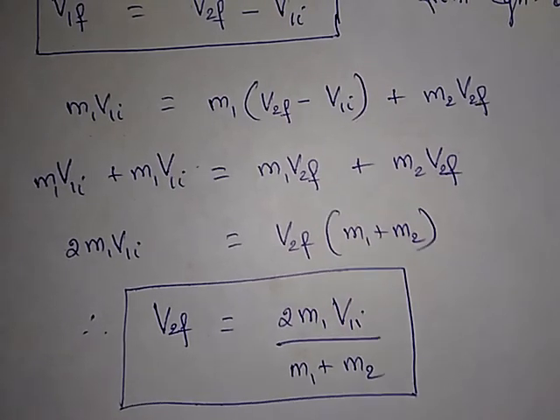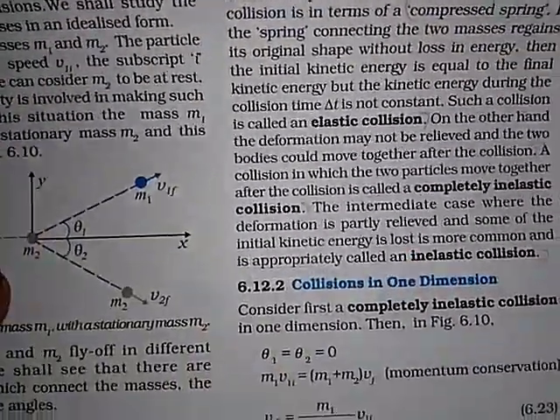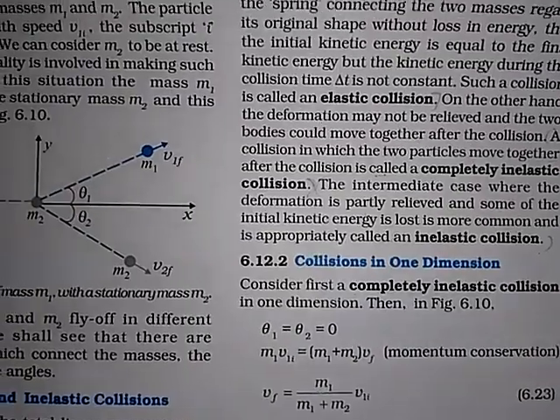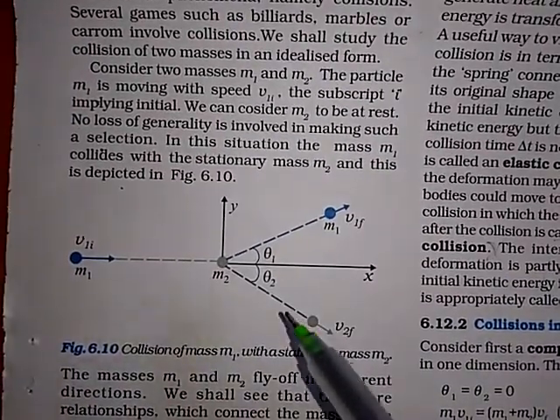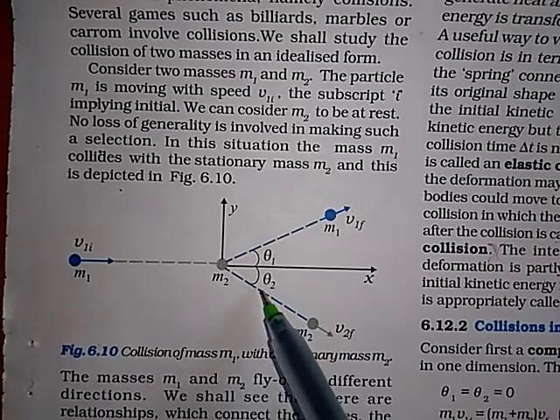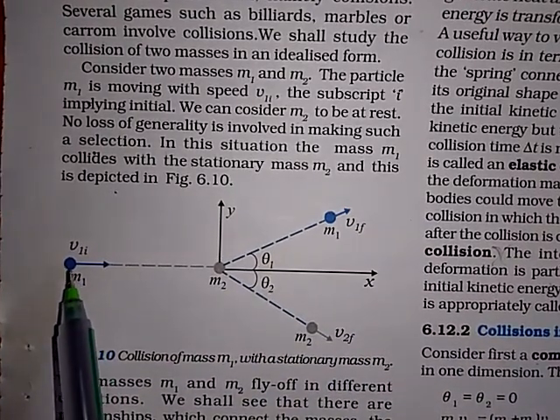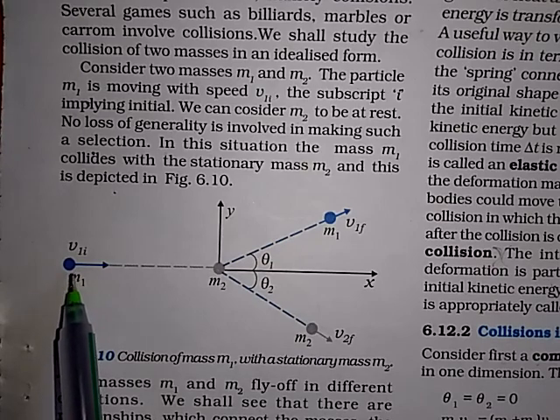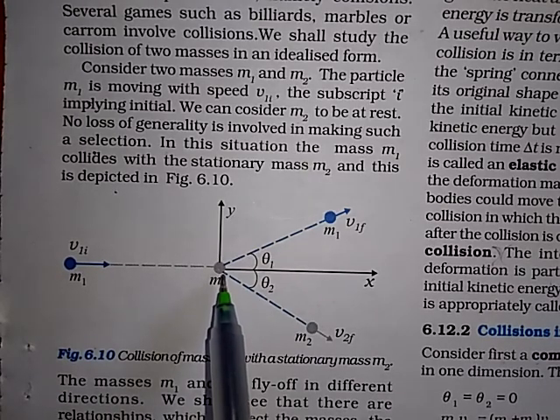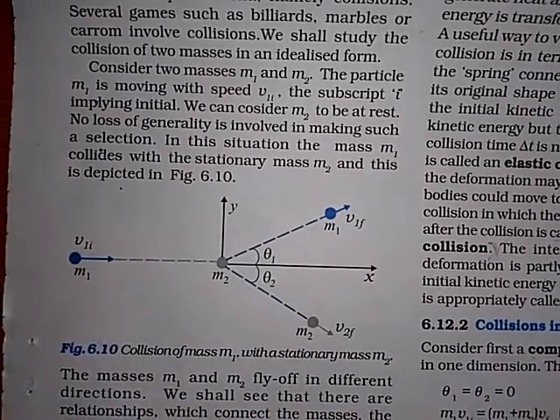So as such, I hope you have understood this topic about collisions, especially the derivation part of collisions in one dimension. We have assumed theta 1 is equal to 0 and theta 2 equal to 0. That means an object of mass m1 is hitting an object of mass m2, and we have defined all these terms and it is moving along a straight line.